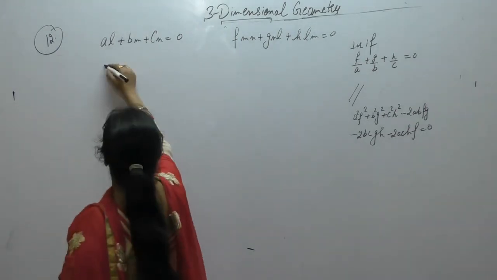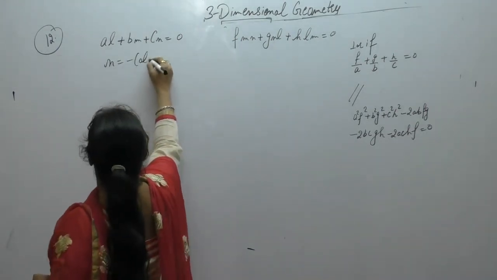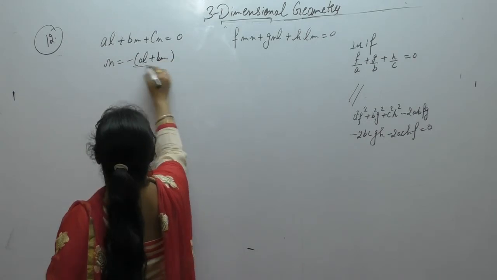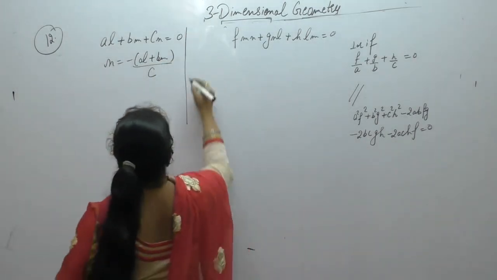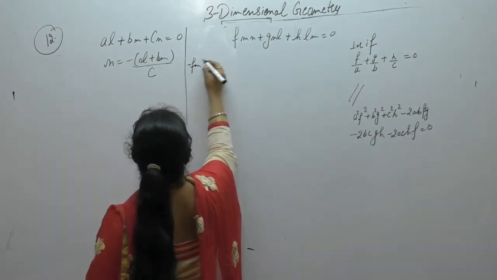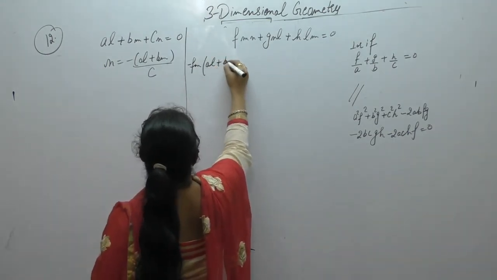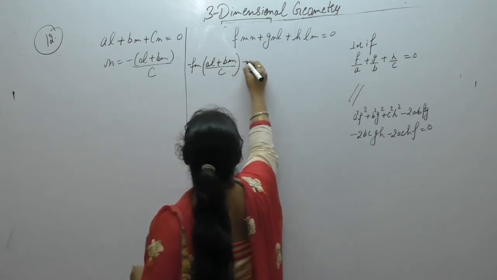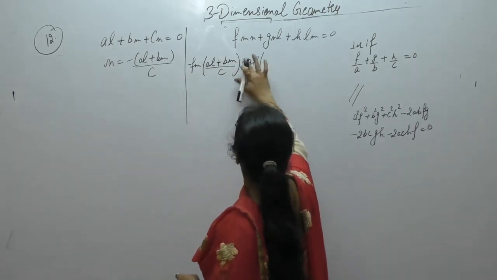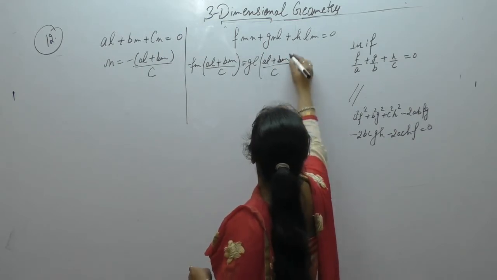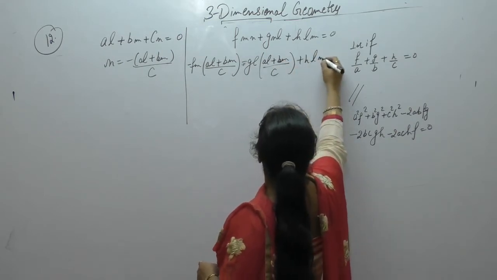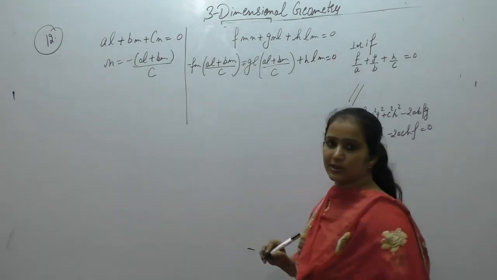From here find the value of N, which is minus (AL plus BM) upon C. Put this value of N here: FM times minus (AL plus BM) upon C, plus GL times minus (AL plus BM) upon C, plus HLM equals 0.